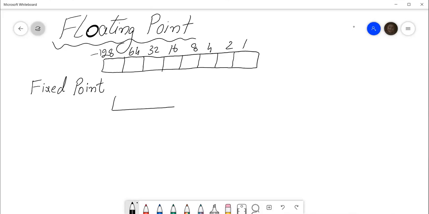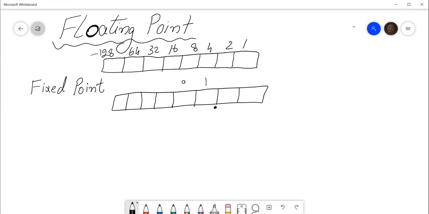Now, for example, if we have an 8-bit register, suppose a programmer thinks of designing fixed point memory and coding it like this: 2 places for the fractional part and 6 bits for the number.